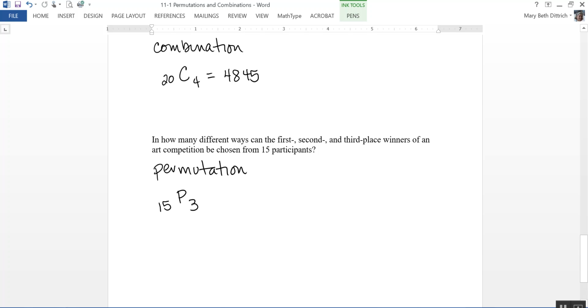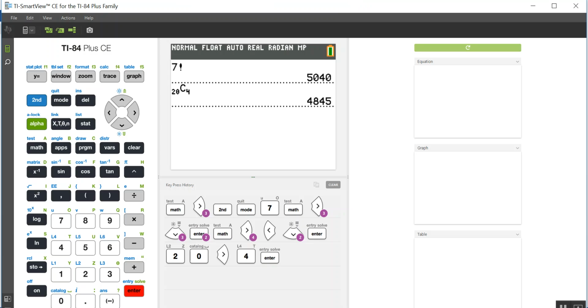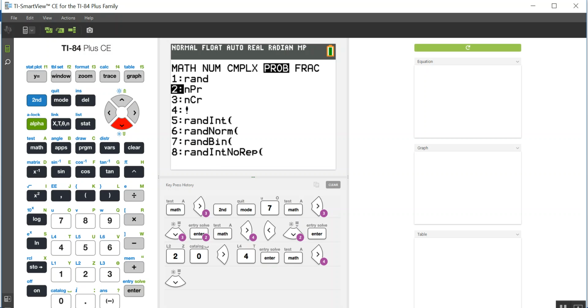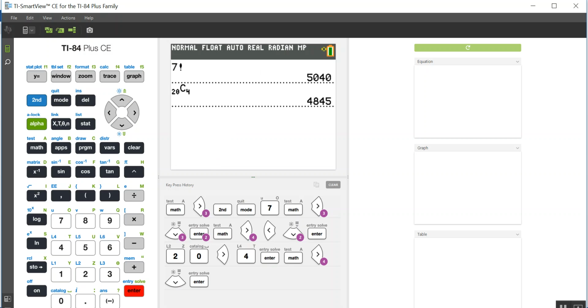So this is going to be 15P3. And again, I'll go to my calculator, go back to the Math menu, go over to Probability, and down to nPr, hit enter, and I have 15, arrow over, and then I'm going to choose 3 of them, and then hit enter, and that should give me 2,730.